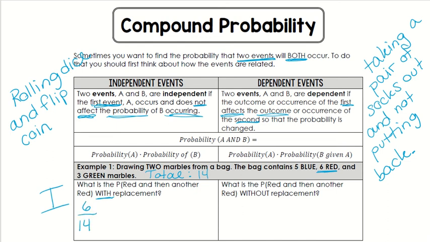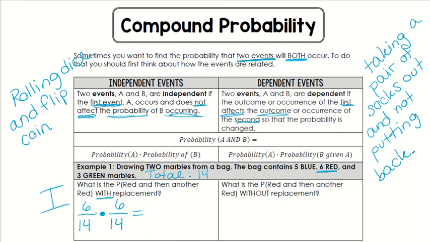And if we're replacing it, that's very, very important because we're still going to have 14 marbles in the bag. So our denominator is still 14, and our numerator is still then also going to be 6. You still have 6 possibilities of choosing a red marble.